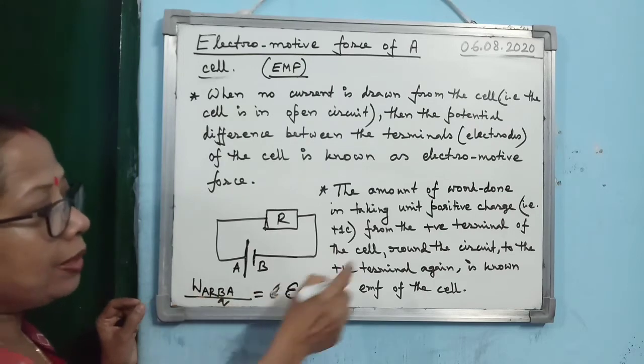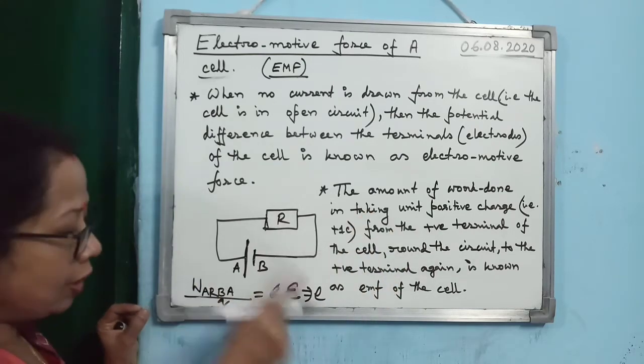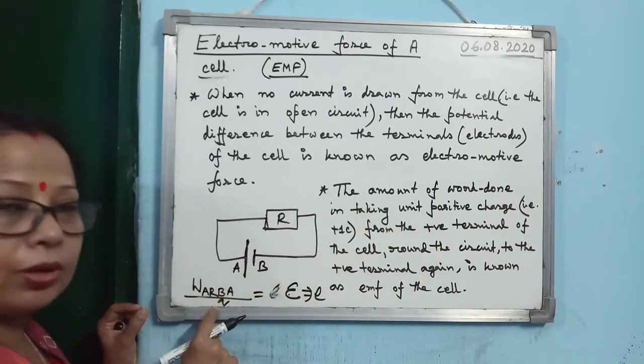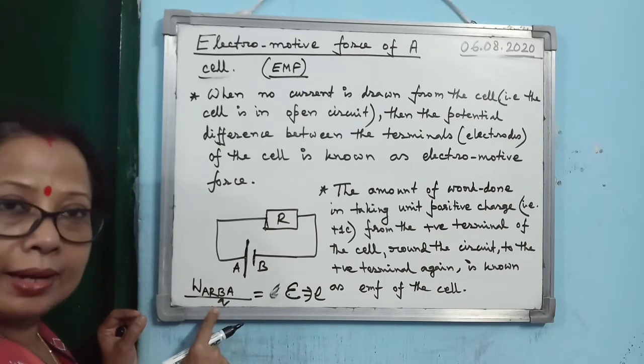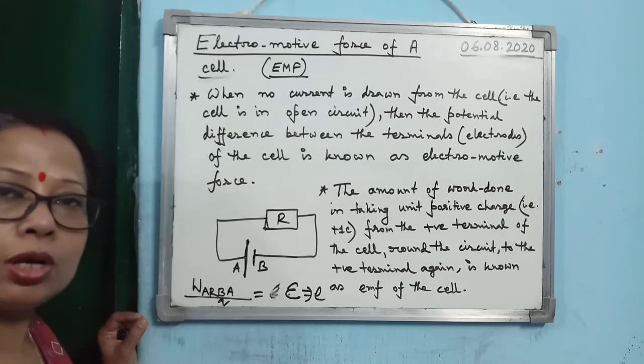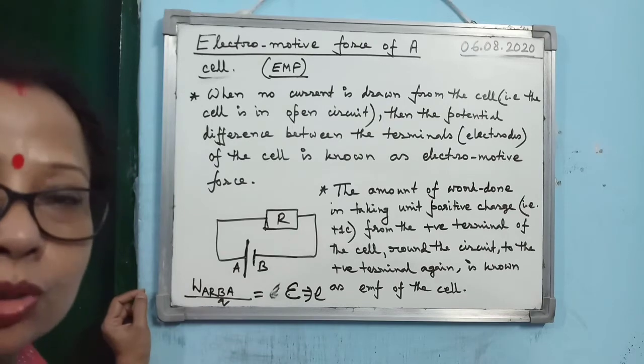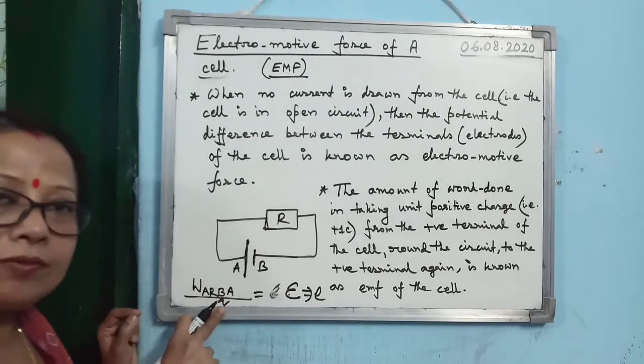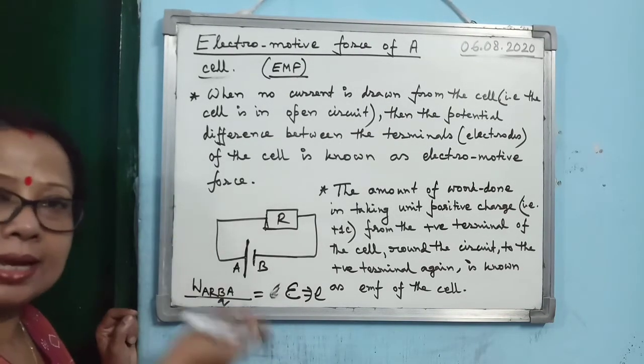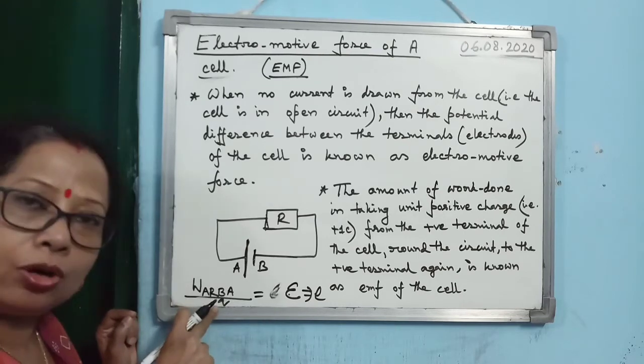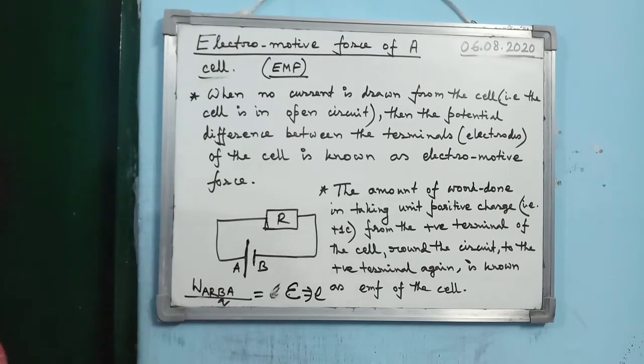So what will be the work done for unit positive charge? It will be W divided by Q. Alright, because it is not possible that always you will get a unit positive charge. So what to do? The Q charge is available, take Q charge only, and then the work done you divide it by Q. That will give you work done per unit charge, and that is nothing but the EMF of the cell.